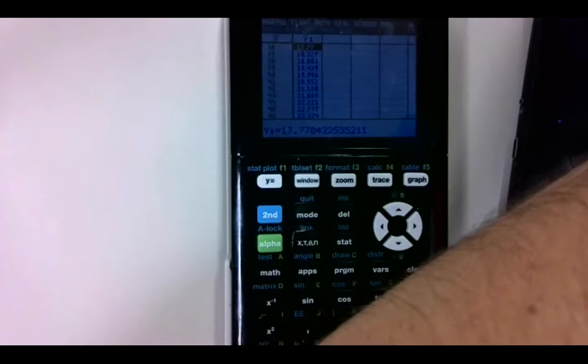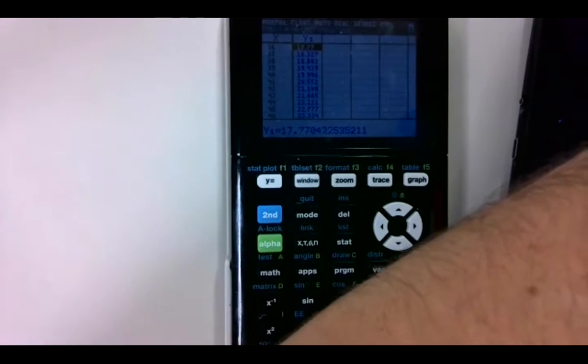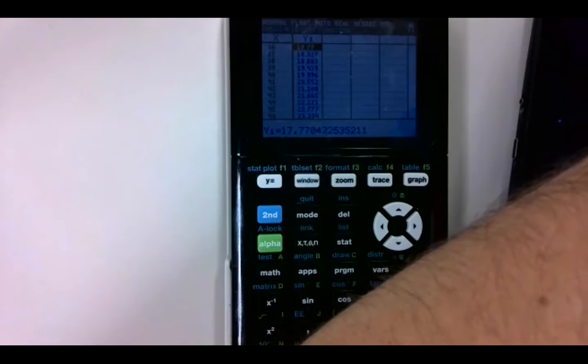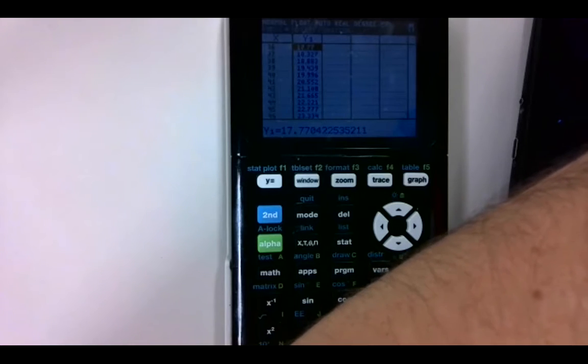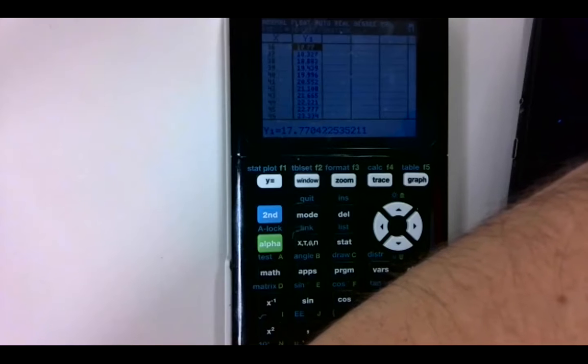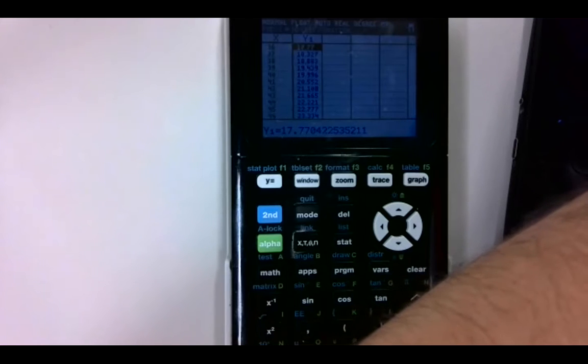Okay. Let me put it up, find the screenshot. Oh, come on.